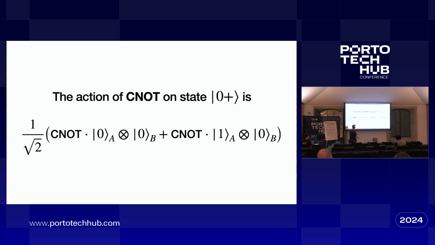Okay, so this one, what's going to happen to this guy? I've lost everybody. The controlled NOT operation says, if the control qubit is 0, do nothing to the second qubit. If the control qubit is 1, flip the second qubit.